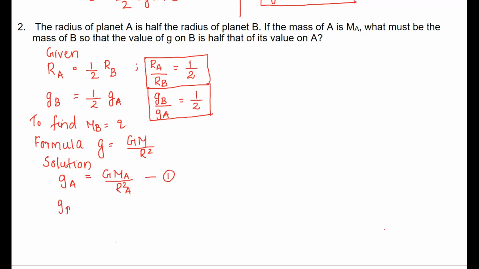And for planet B, we can write GB is equal to GMB/rB². Equation number 2.